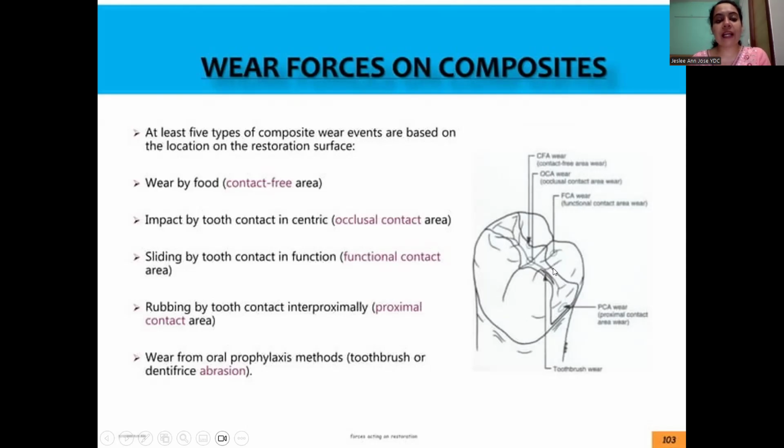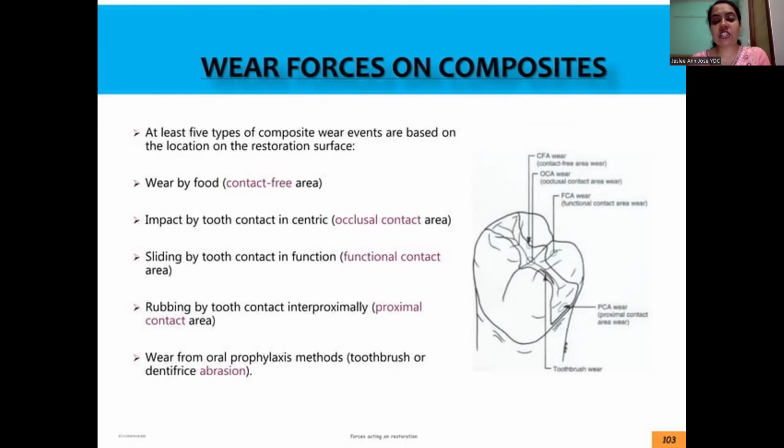Now when you eat something, the food itself can act as a wearing agent. When you occlude, there is the occlusal contact area, the impact by the tooth contact in centric, and sliding by the tooth contact in function.